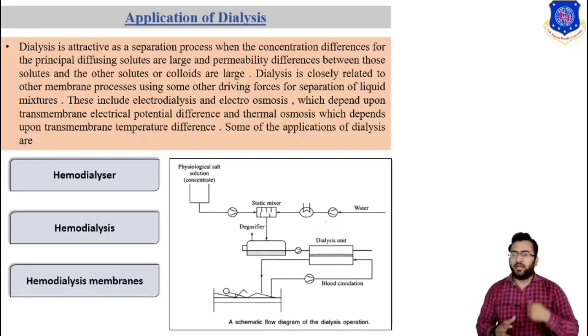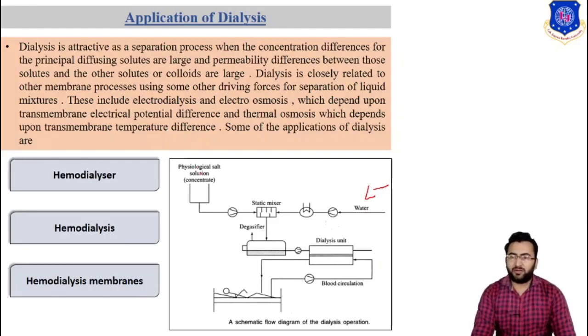hemodialysis and hemodialysis membrane. These applications are mostly used for the treatment of kidney patients. This figure shows a schematic representation of the dialysis diagram, where the solution is passed from the mixture and water is passed this way.